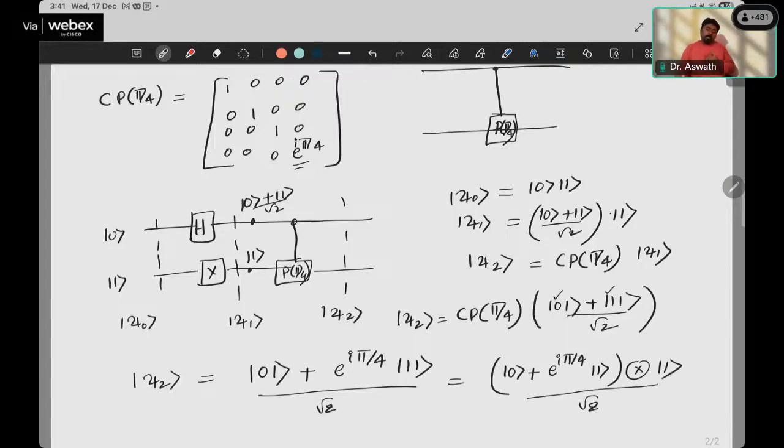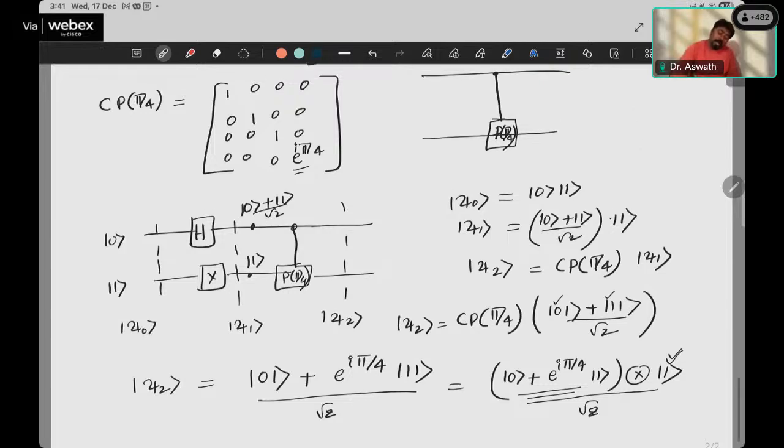Now you see, the target remains intact, but the control is being added with the relative phase between its 0 ket and 1 ket, which we don't usually anticipate. We anticipate something happens to the control from left to right, but instead of the control being manipulated, the target is being manipulated. So that is what the phase kickback is.